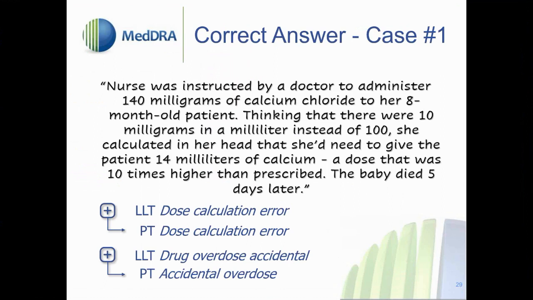Here it was the accidental overdose. The accidental overdose led to the death of the baby. And that's why you would capture the fatal outcome of this accidental overdose in a separate database field. It's of course a serious adverse event, and you would capture the fatal outcome in a separate database field, either in a clinical study but also in drug safety.